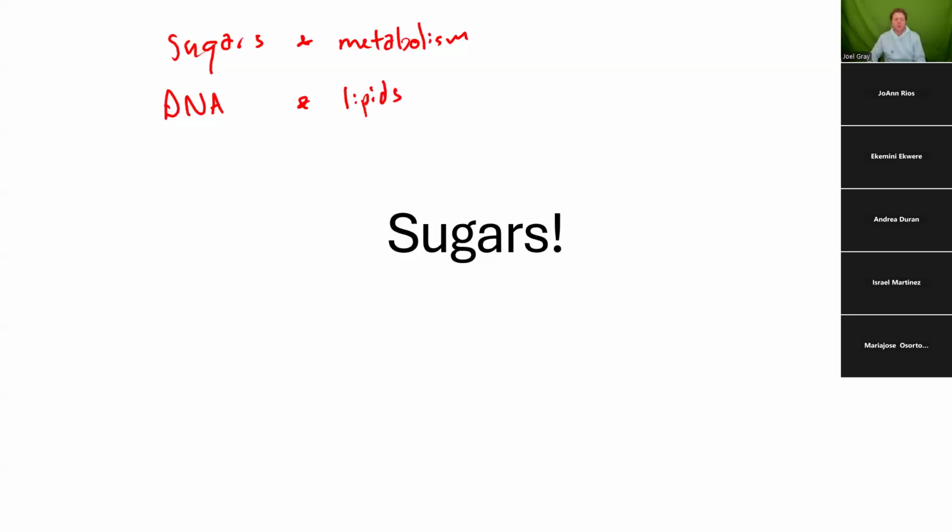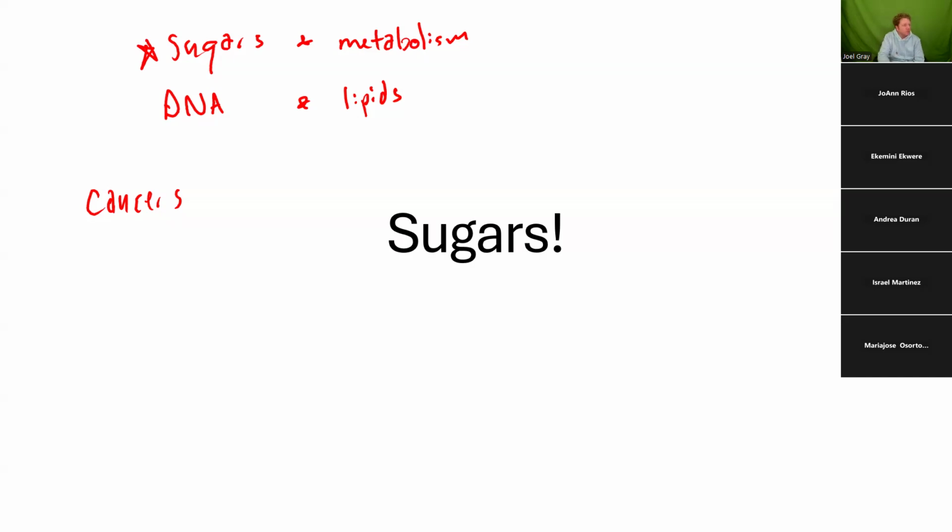The reason we're talking about these different things is that all of these components feed into where we're going. We are going to be talking about cancers. In some cancers, sugars get metabolized incorrectly, or their metabolism is sped up or altered in some form or fashion.